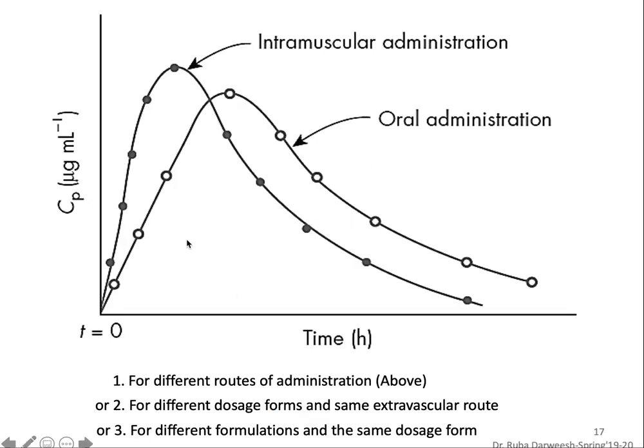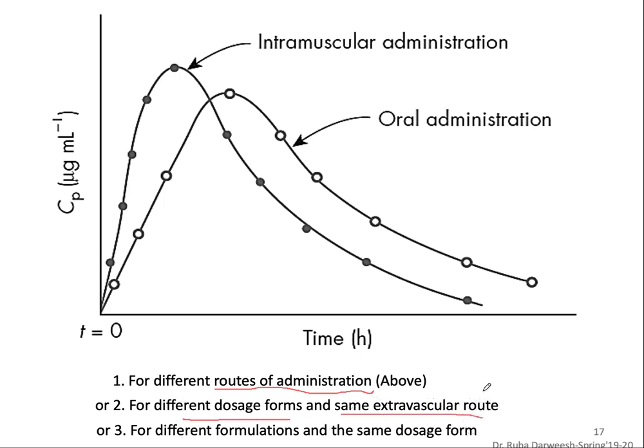If we are talking about profiles, Cp versus time, it's the same as we are comparing this to that or this to that. It doesn't matter. It's just two different extravascular. So either we are comparing different routes of administration, like oral to sub-Q or intramuscular, or different dosage forms for the same extravascular route, as I just mentioned in the previous slide.